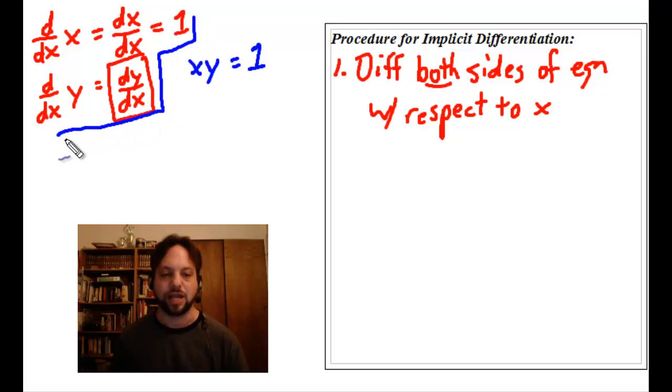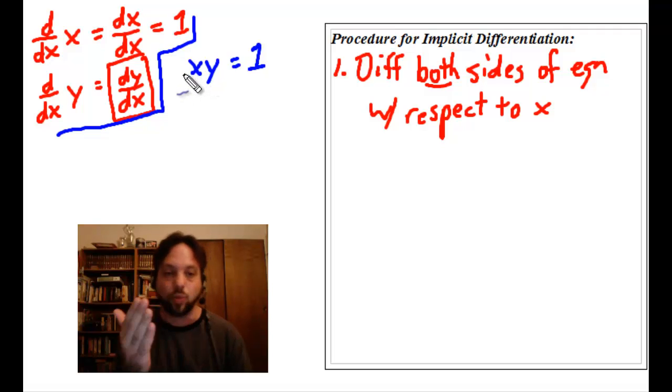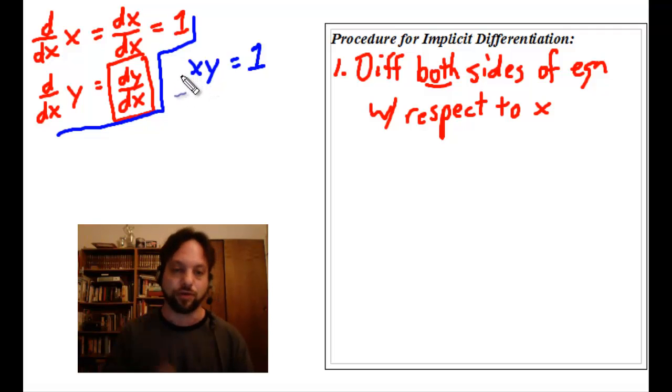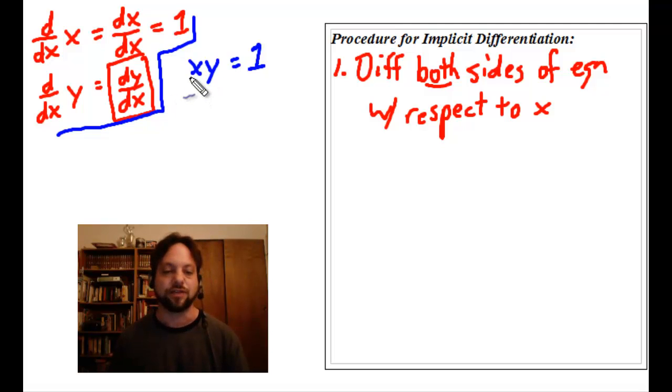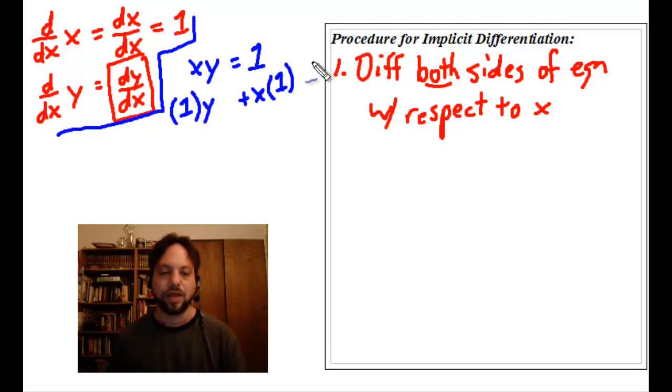If we go ahead and differentiate this, of course, we're going to need the product rule because x and y are two separate variable factors. Neither one is a constant. So let's differentiate the first part first. That'll give us a 1 for our x, and then we'll keep our y. And then for the second part, I'm going to leave a little space here. You'll see why in a moment. For our second part, we'll keep the x, but differentiate the y. And of course, because we have to differentiate both sides, we'll get equals 0 for the other side right here. That 1 will turn into a 0.